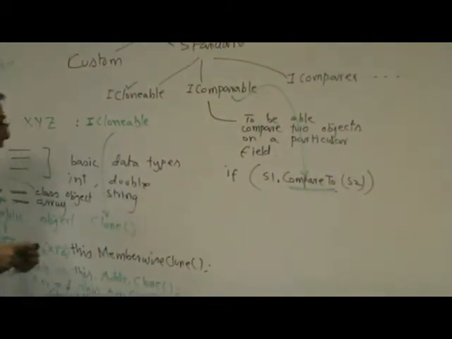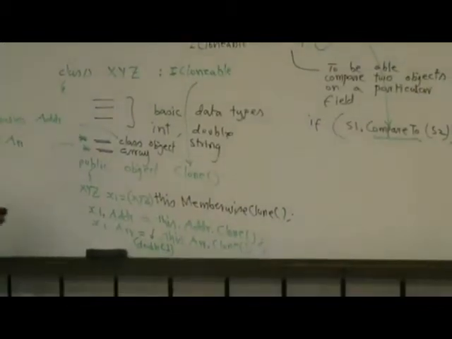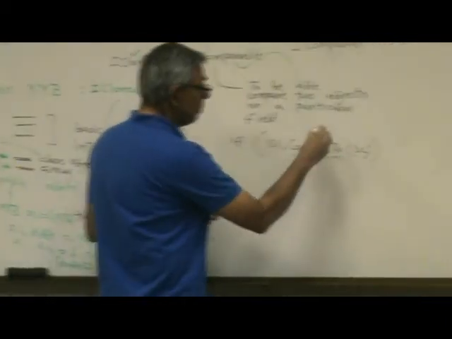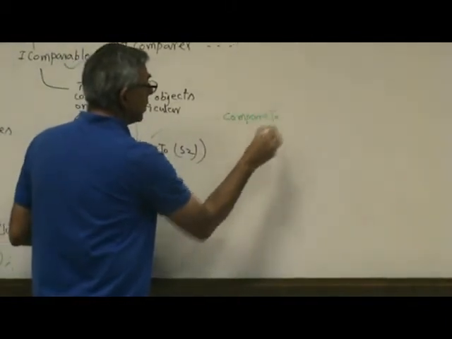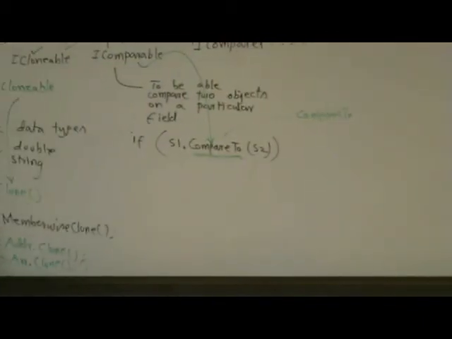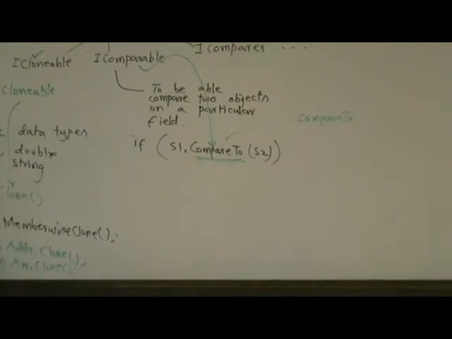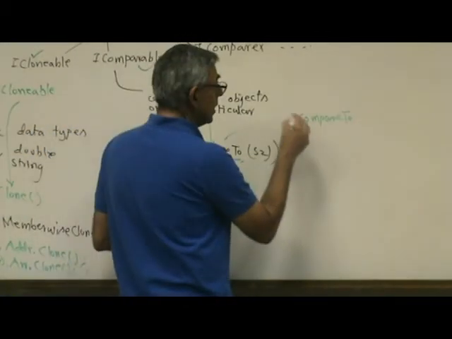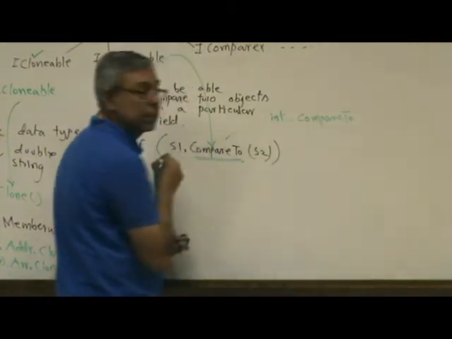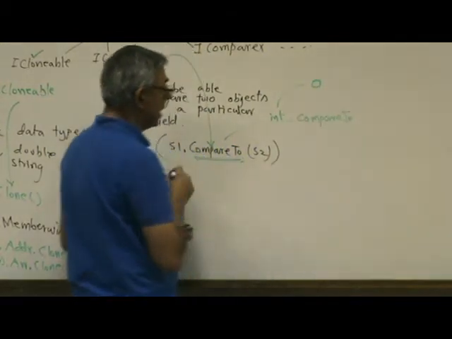What does clone return? Object, right? What does CompareTo return? Remember, there are three possibilities. Two things could be equal, right? S1 could be equal to S2, or it could be less, or it could be greater. So the way this CompareTo is designed is it always returns an integer. If this is 0, what does that mean?